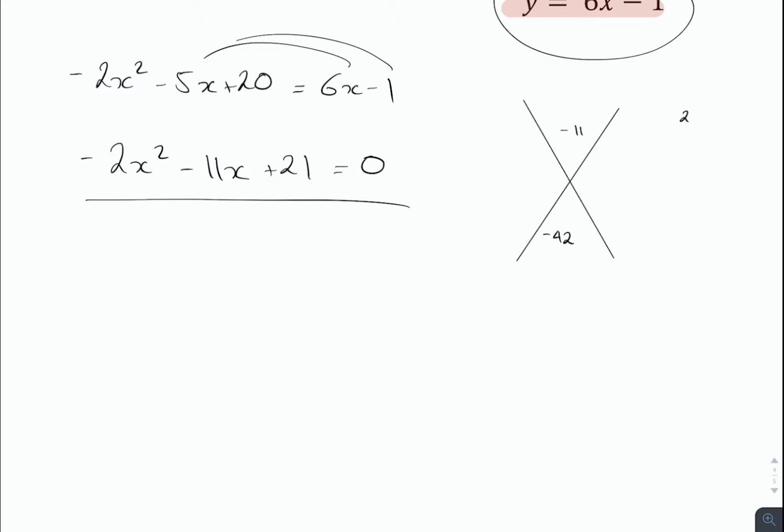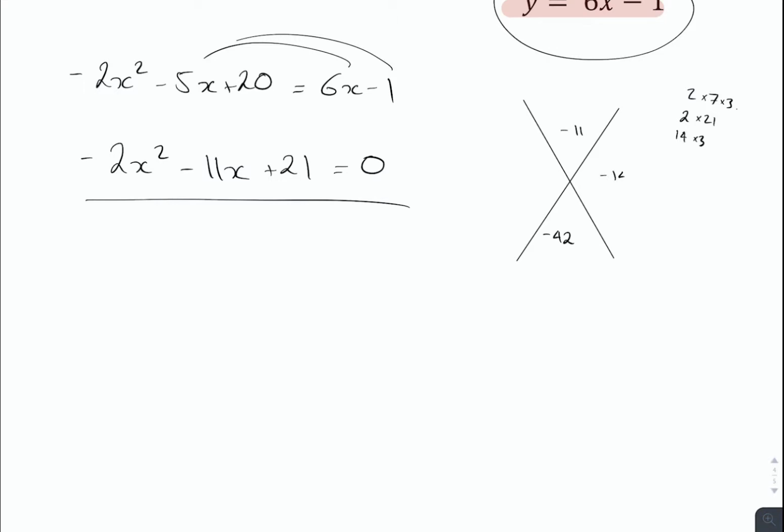We got 2 and 21 works. What else do we have? 14 and 3. That's 2 times 7 times 3. Yeah, that looks like it'll be good.